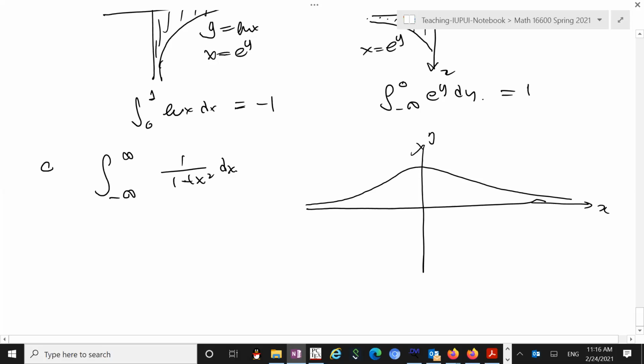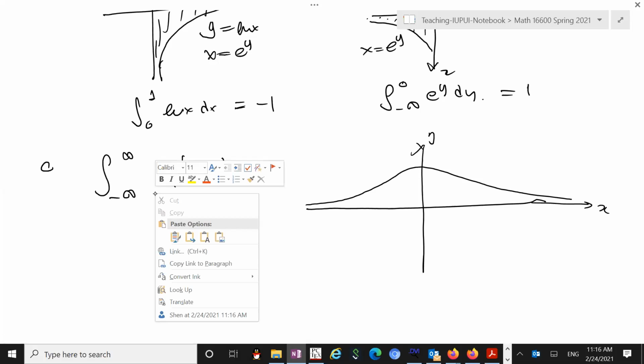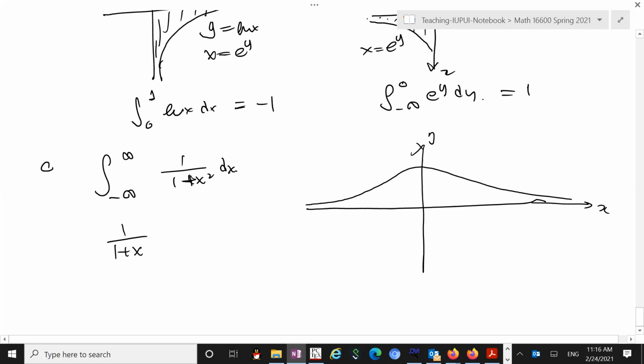The reason is when x is sufficiently large, this is almost equal to 1 over x squared as x approaches positive or negative infinity. And we know the integral of 1 over x squared is finite over the interval from 1 to infinity.